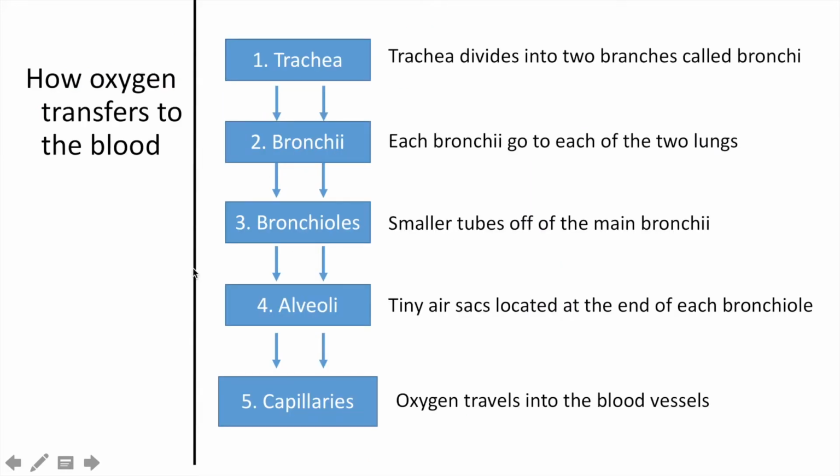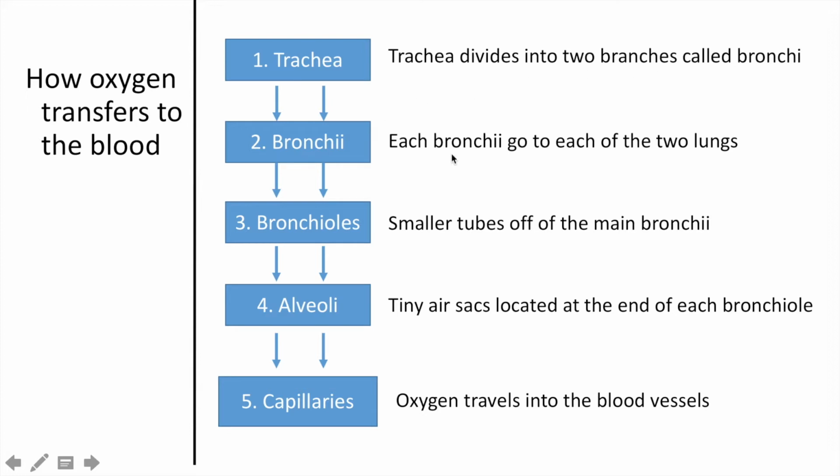Let's talk about how oxygen transfers to the blood. You do want to draw this flow diagram. Of course, it does start with the air entering through your nose and your mouth. After it enters in through the nose and the mouth, it will enter in through the trachea. And the trachea will then divide into two branches called the bronchi.